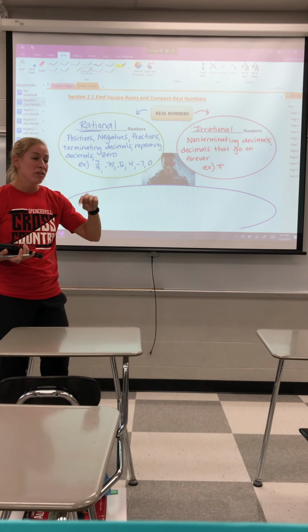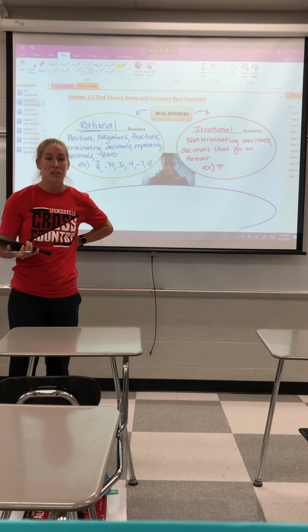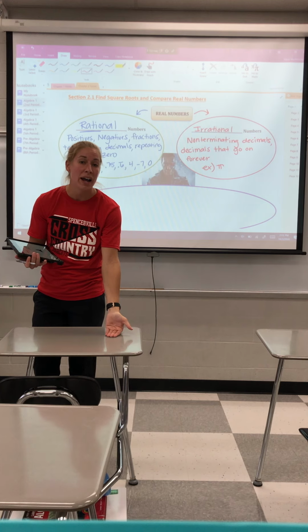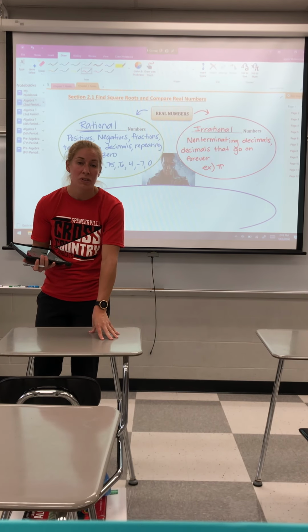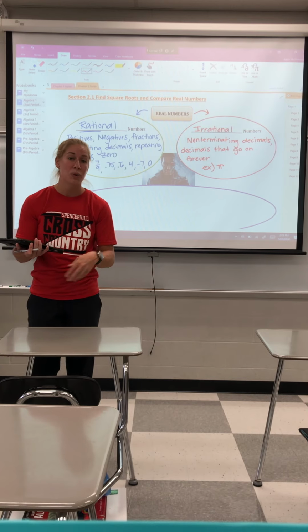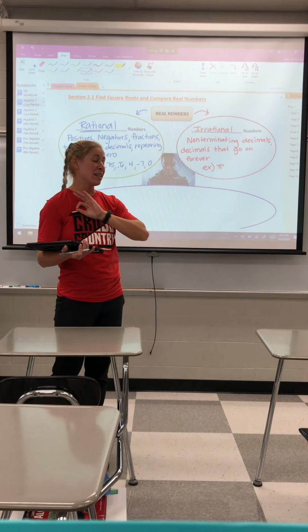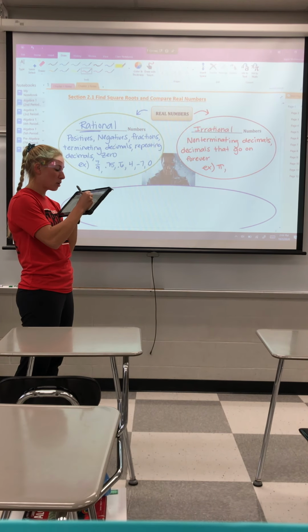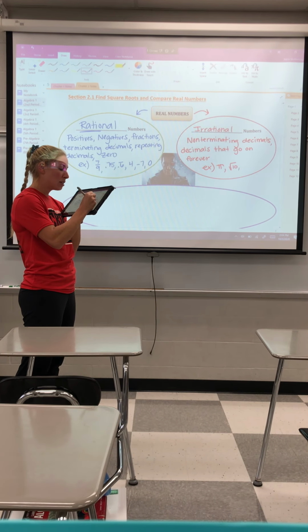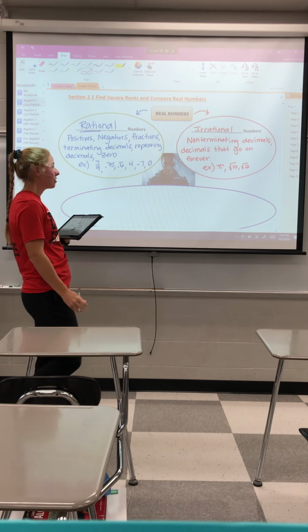If the number underneath the radical sign is not a perfect square, like I could say the square root of 9 is 3. But if I give you the square root of a number that's not a perfect square, like 10, okay, the square root of 10 is a decimal that goes on forever. So that is also considered irrational. So I can say the square root of 10, the square root of 2, etc.